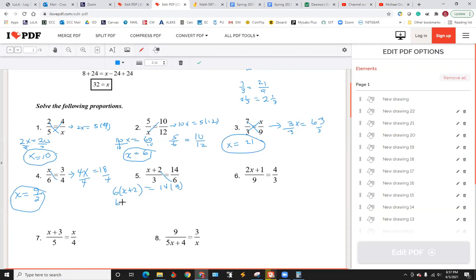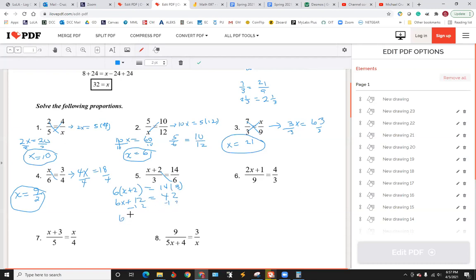So this is 6x plus 12. Oh, and 14, that's 30, and 12, that's 42, right?